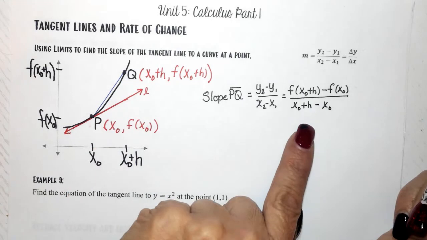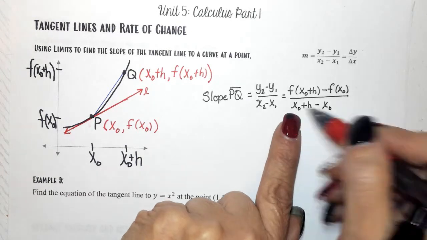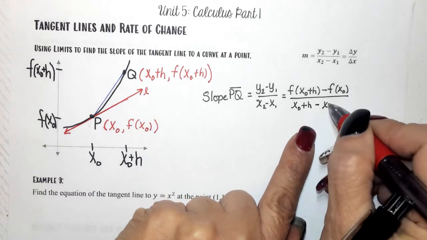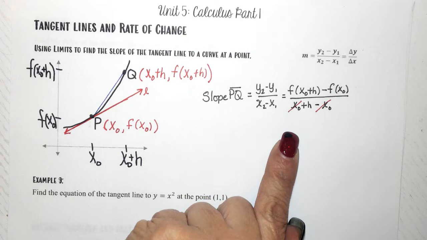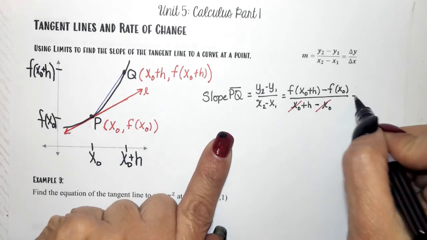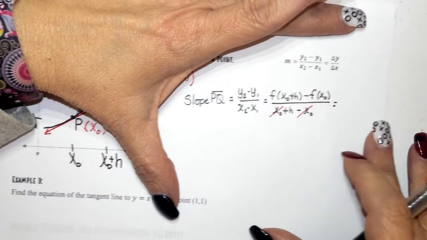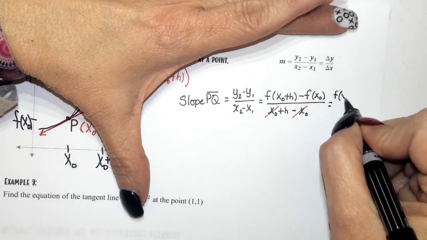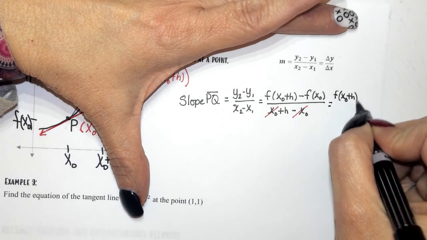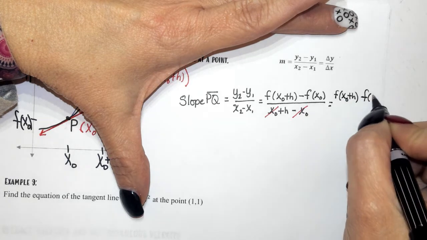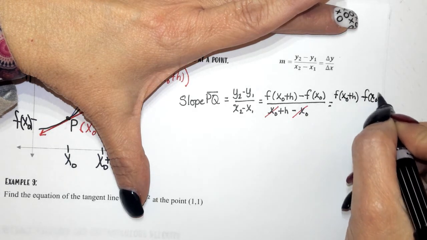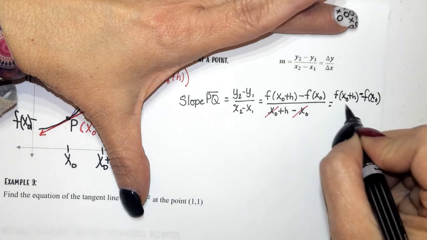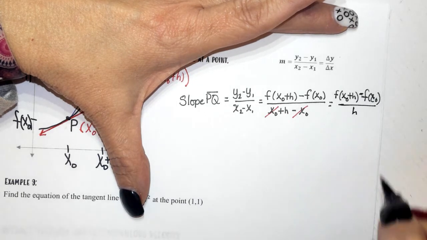Now, you're going to notice on the bottom down here, we've got x naught and a negative x naught. So we can actually cross those off, and we end up with, I think I can write it over here, f of x naught plus h minus f of x naught, all over h.